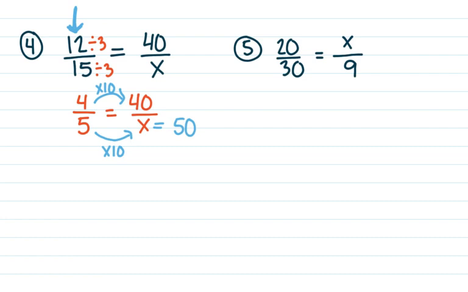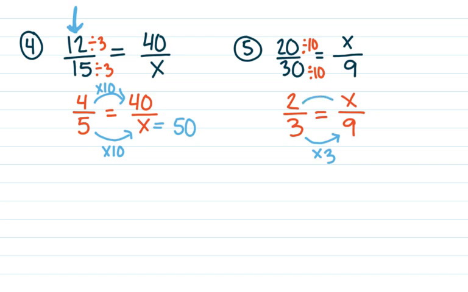30 divided by nothing is going to give me 9. Like, it would have to be a decimal or something. So instead of fretting about that, I am going to divide this first fraction here, this first rate, by 10. And when I do that, I end up with 2/3 equals x/9. I now know a number that I can multiply times 3 to get to 9 like I want.